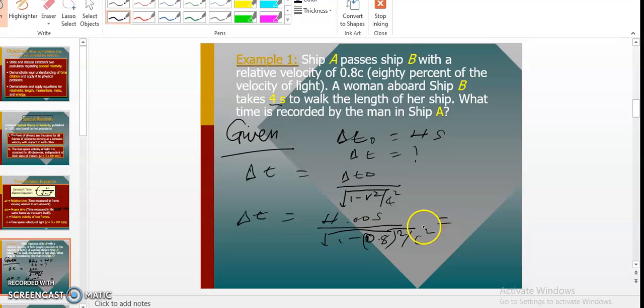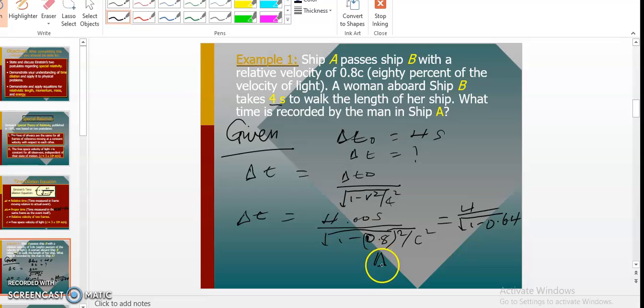Put this in the calculator. 0.8 squared will give you 0.64. So 4 divided by the square root of 1 minus 0.64.